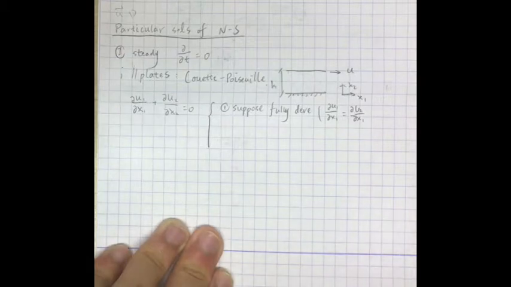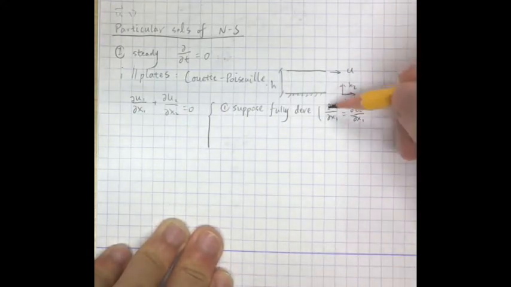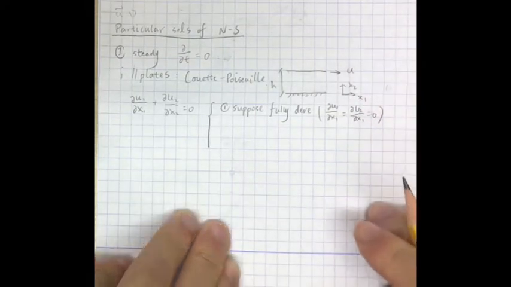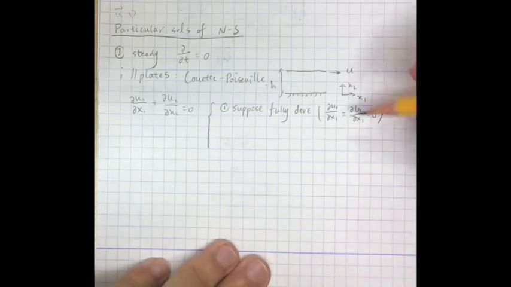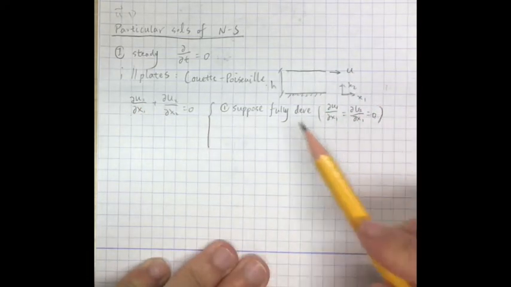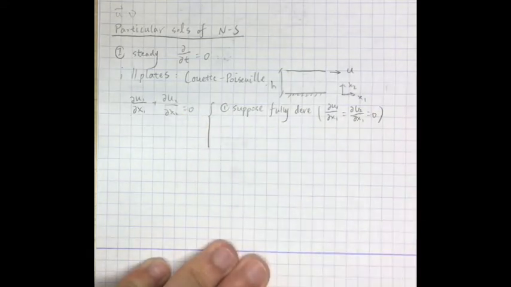Well, not everything. I mean the properties of the movement of the fluids, which are manifested in the velocities. So du1/dx1 equals du2/dx1 is 0. Okay? So if we have this assumption, then du1/dx1 equals 0, and we have du2/dx2 equals 0, right?